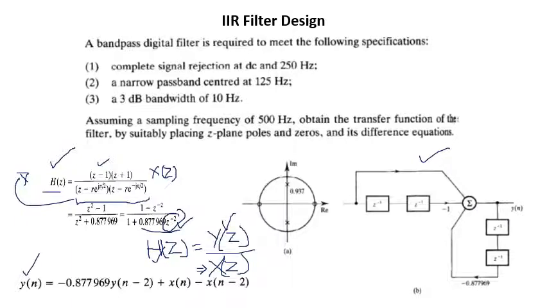Okay, so again similarly for x of n, it will be x of n minus x of n minus 2. So I guess that's quite straightforward, right? So again, this is the pole zero plot for this problem. So if you have any confusion, we can discuss this in the class.